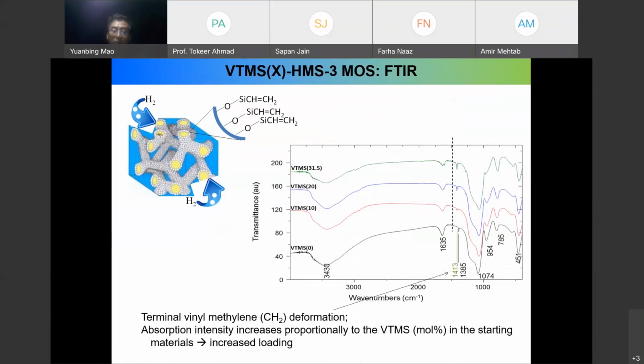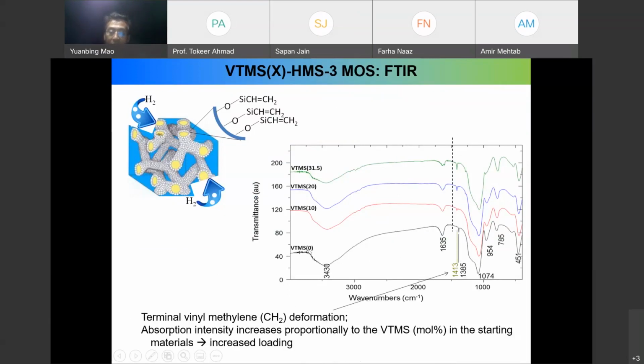So for us to do that, we want to confirm that this type of groups, the linear vinyl groups, really get into the porous silica, right? So how do we know that? We use the FTIR, and we can see that there is a specific peak.